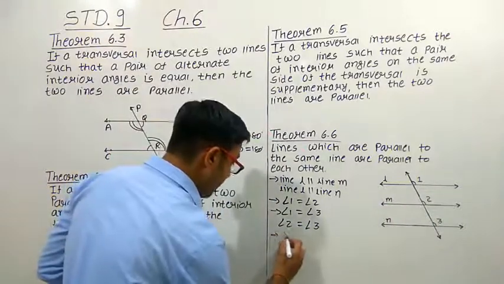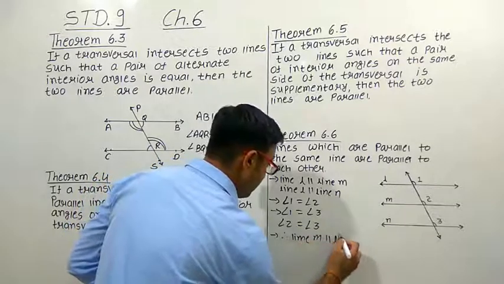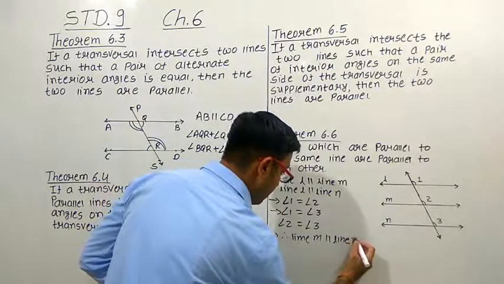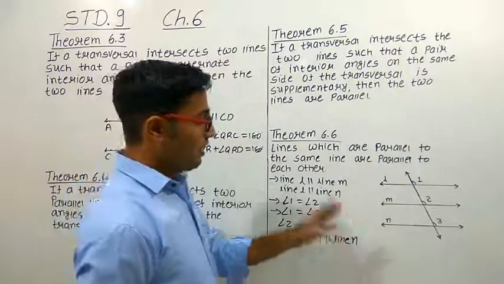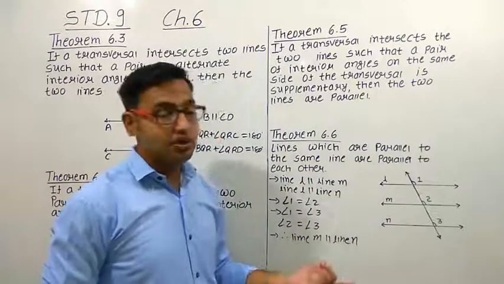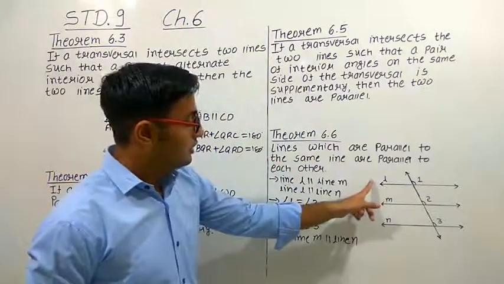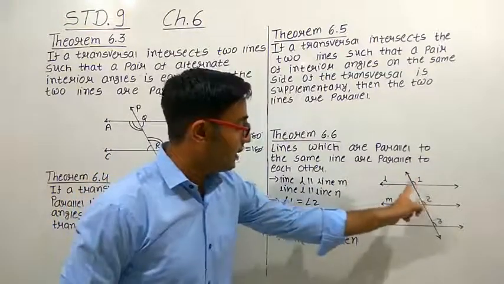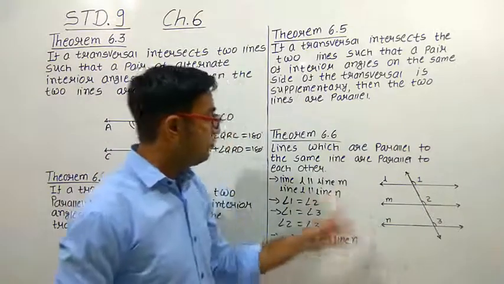Therefore line M is parallel to line N. So using the corresponding angle axiom and its converse, we can prove that lines which are parallel to the same line are parallel to each other. This is how we can prove this theorem.